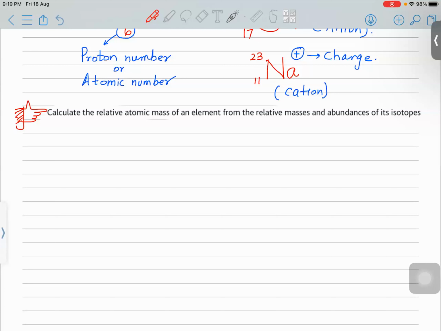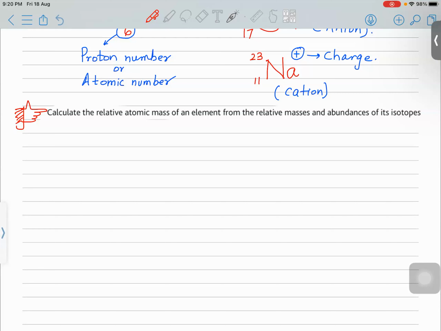Whenever you compare the nucleon number or mass number with any other element, such mass is called relative mass. Are you getting my point or not? Yes, sir.